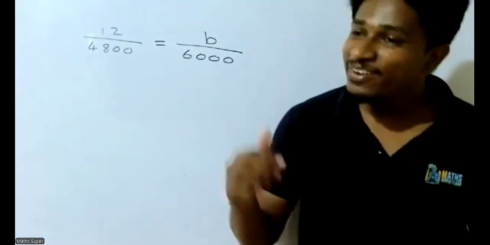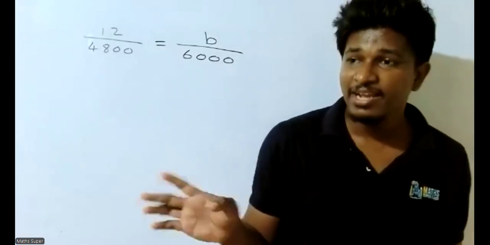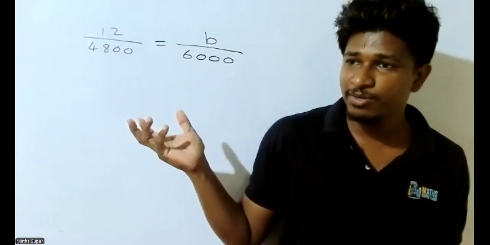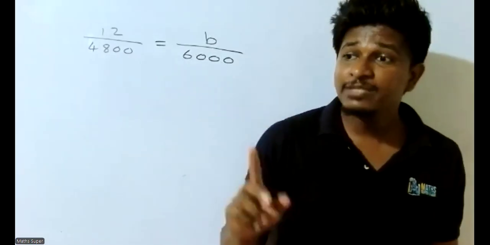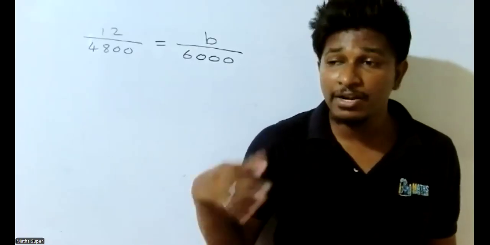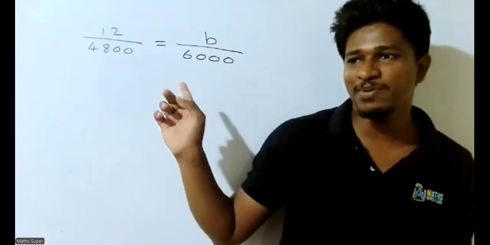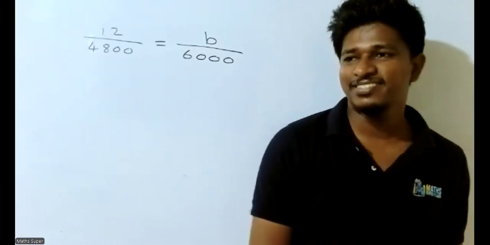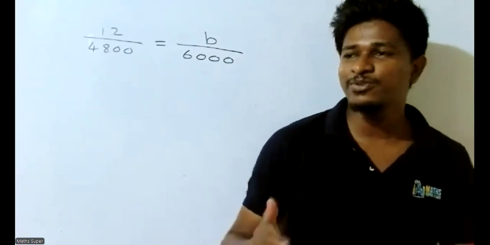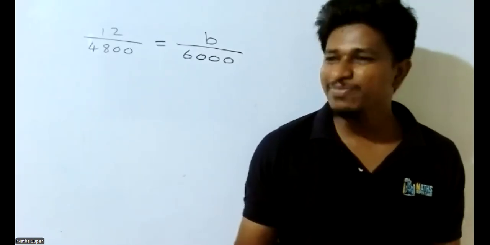Now, can you remember that at the beginning of this part, I told you it's better to keep the one which we want to find, the unknown term, as the numerator. That's why. Otherwise, you have to do some more simplification steps. That's all, the same thing.